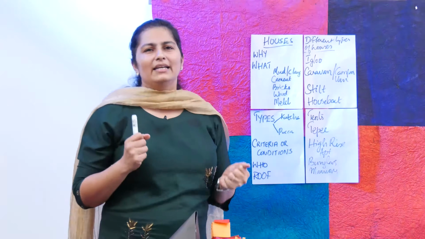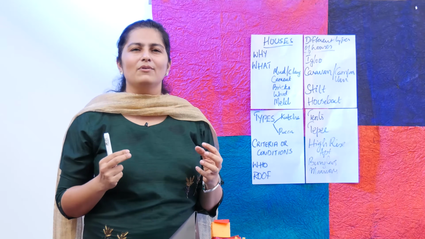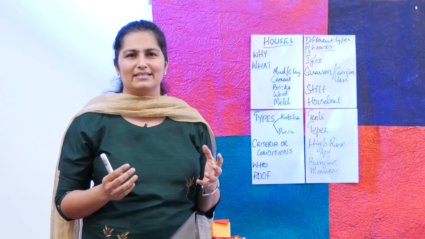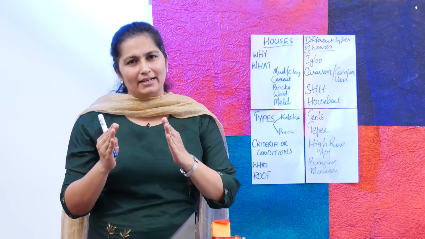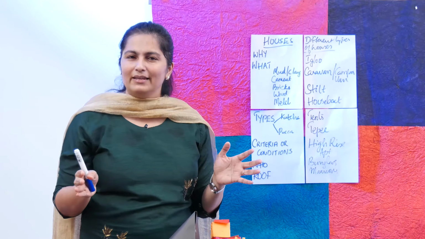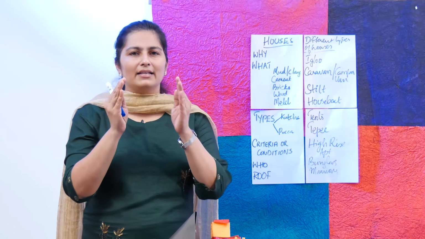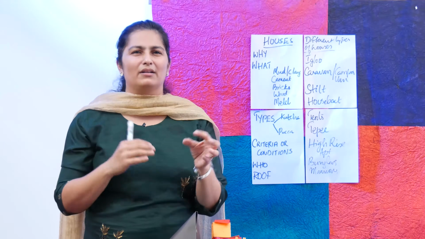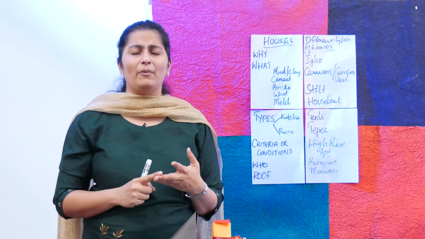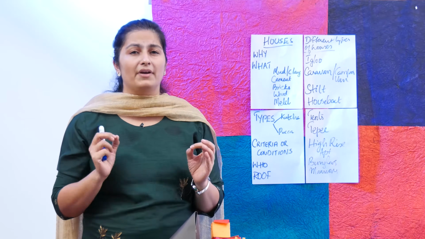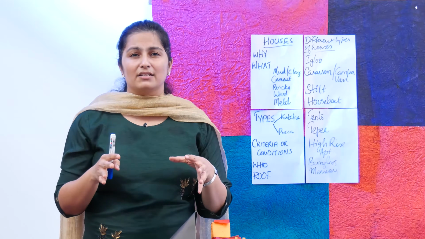Whatever is the type of our house, it needs to have some qualities. What are those qualities? Let's see. First one is, it needs to be clean, tidy, dusted, and everything kept in its proper places, not thrown around, not crowded. Okay. The third point is, very important, good ventilation.